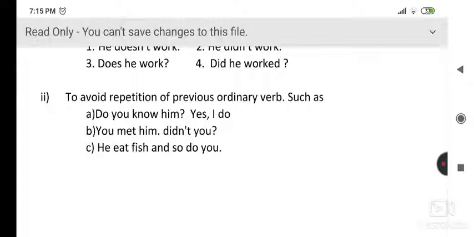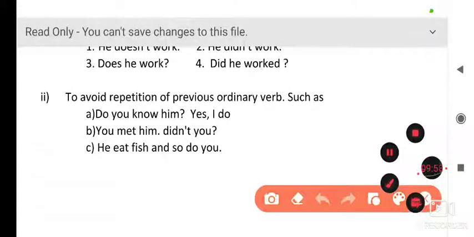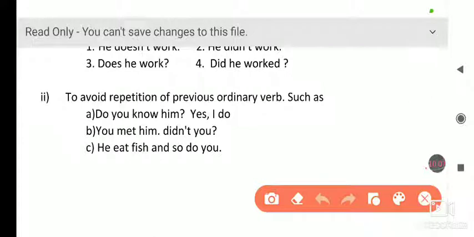Secondly, you met him, didn't you? We already know the rule of adding a question tag: when the sentence is positive, we make the question tag negative.